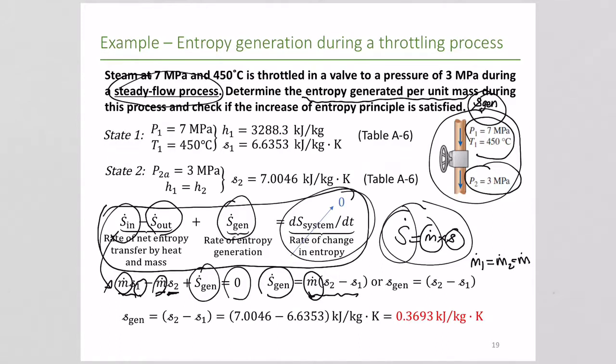I can divide each term by the mass flow rate, and capital S dot over mass flow rate becomes the lowercase s. Therefore, on the left hand side we have lowercase s entropy generated equal to s2 minus s1.